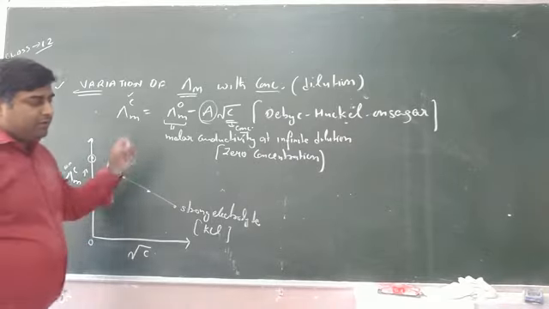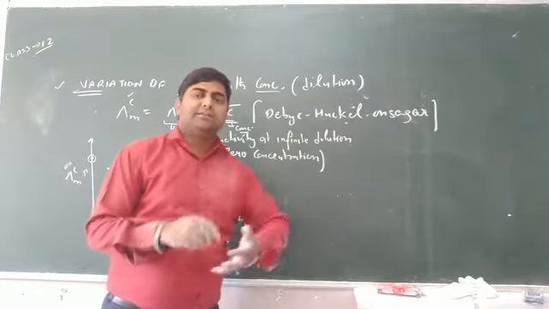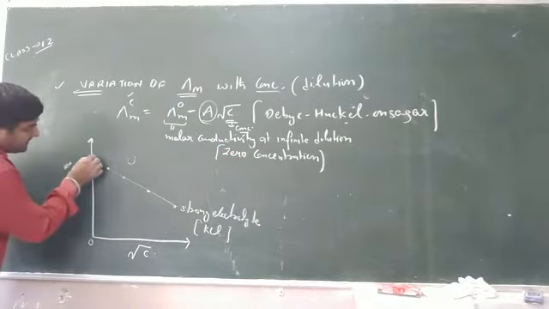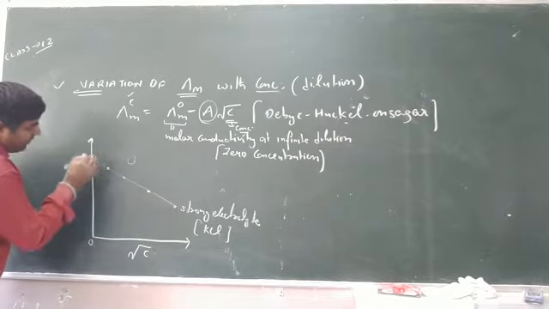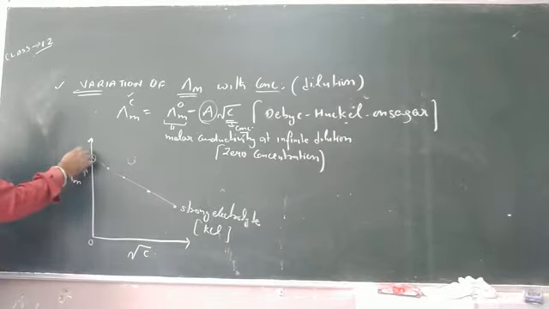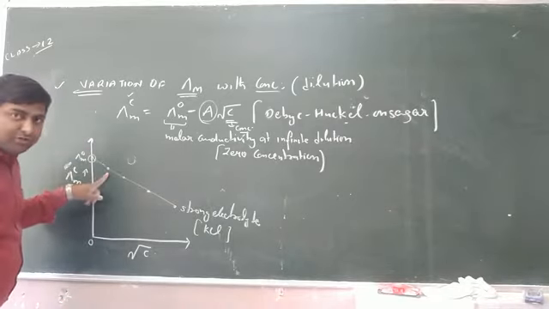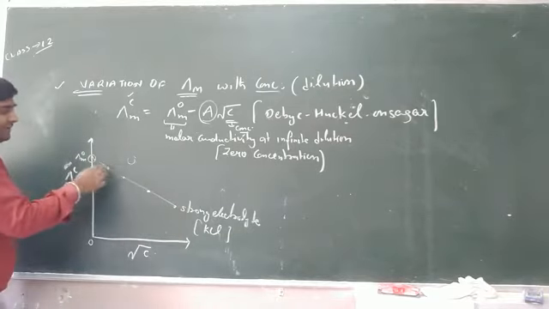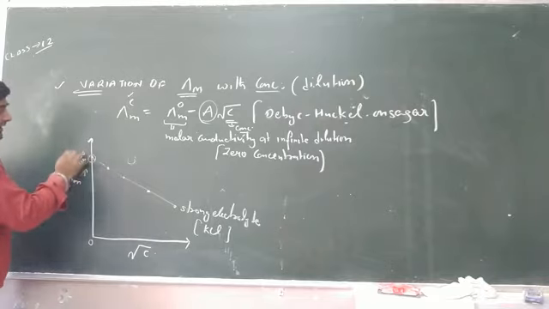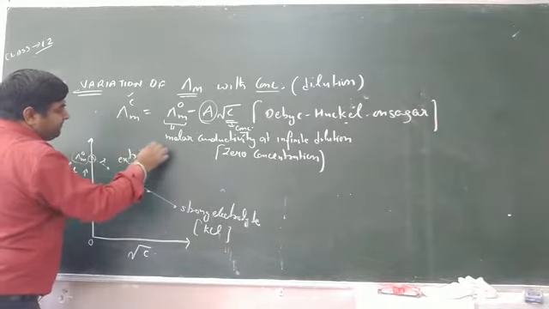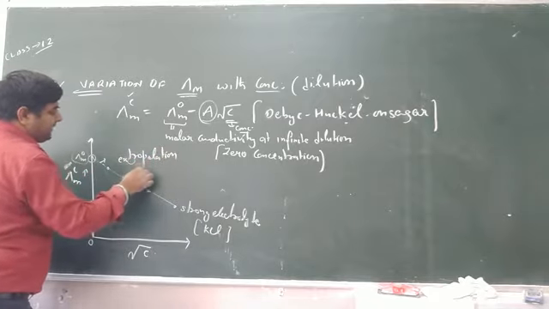Keep in mind, infinite dilution means concentration is almost zero. The molar conductivity at infinite dilution can be easily calculated by extrapolation of the graph. Since the graph is a straight line, it is expected that the molar conductivity at infinite dilution will be at this point. This is called extrapolation of the graph.